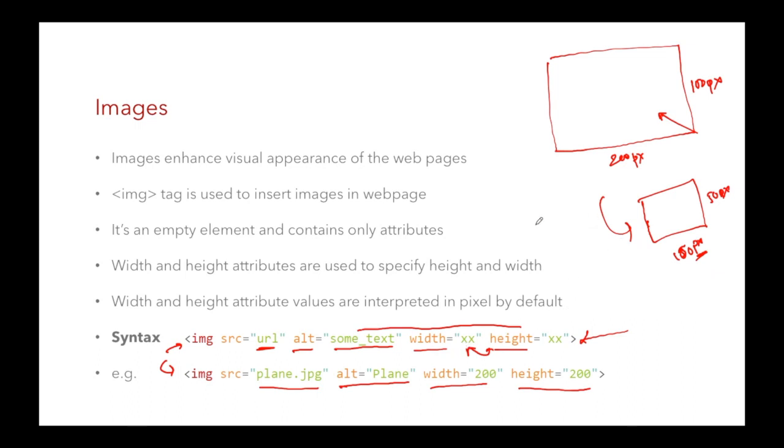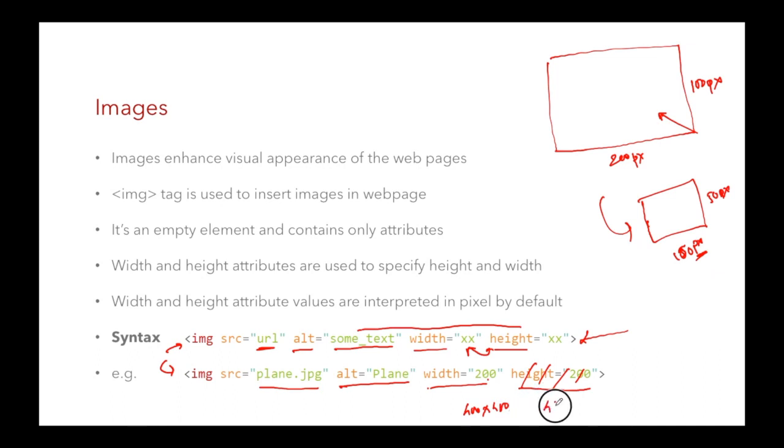So let's say your original image was 400 by 400, that is 400 in width and 400 in height, and you have specified width as 200, so height will be calculated to 200 automatically.